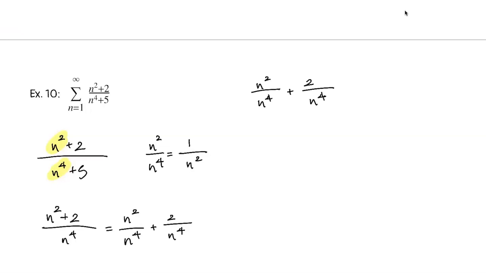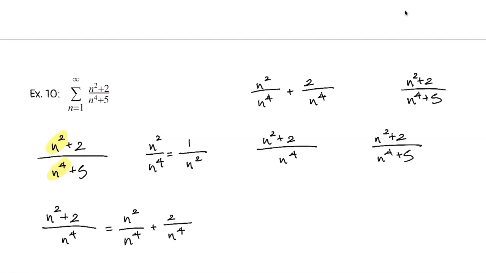Now let's think, how does that compare to our original one? n squared plus 2 over n to the 4th plus 5. Okay. So if we put them back together, maybe that makes it easier to see.